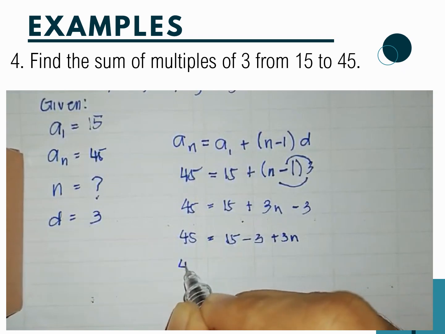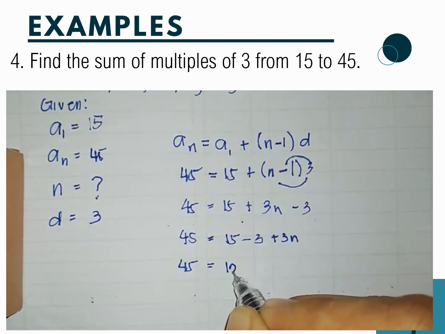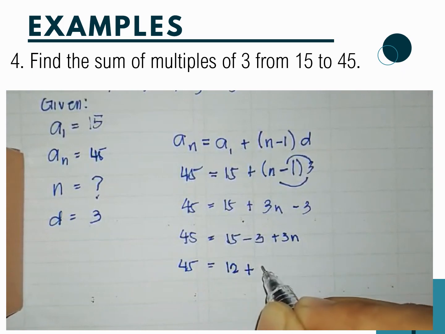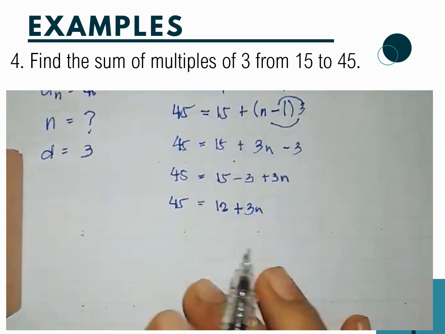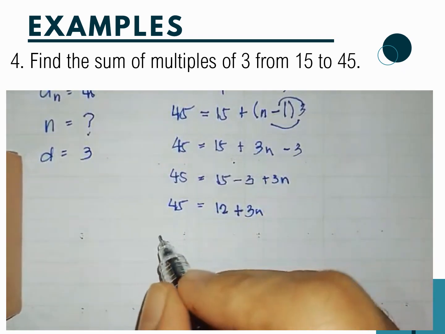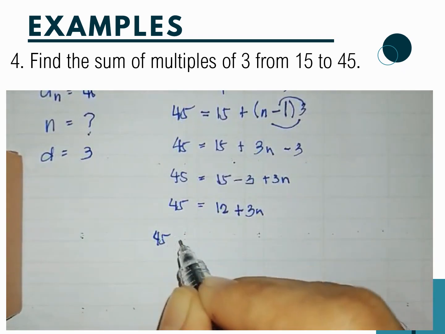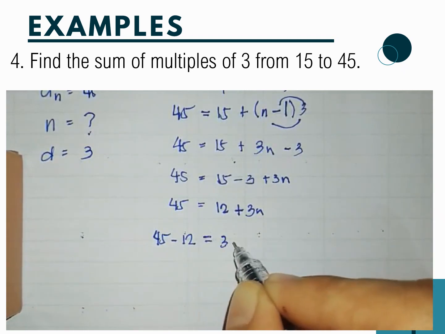Continue. This will give us 12 plus 3n. By APE, or if we will transpose 12 to the other side of the equation, this will be 45 minus 12 is equal to 3n.